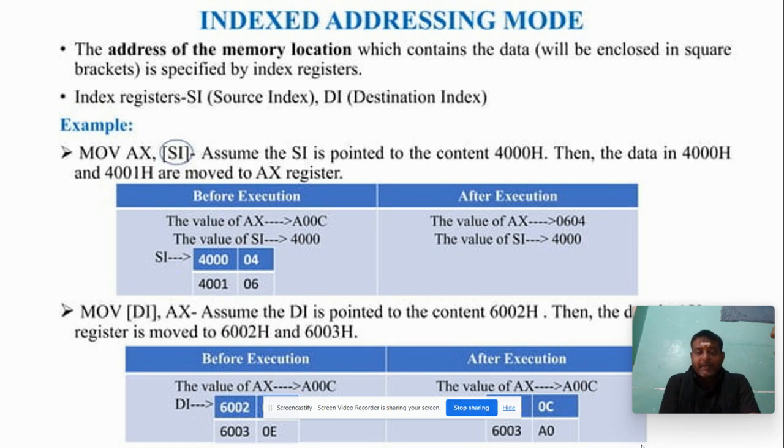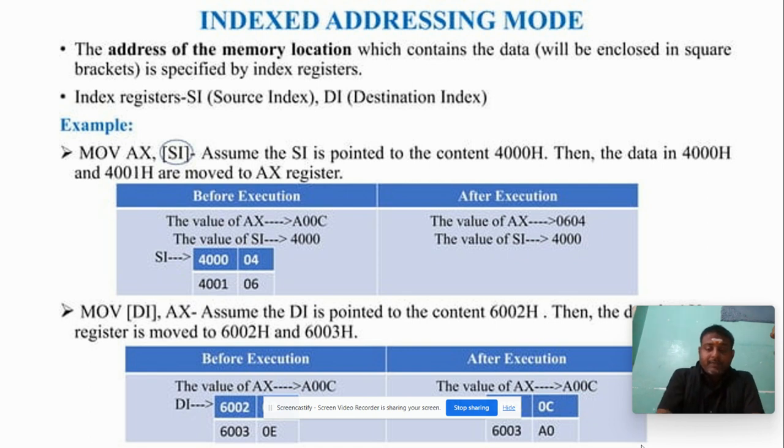When the source operand is specified by an index register, it is called indexed addressing. For example, MOV AX, [SI], where SI is the source index. Assume SI is pointing to the contents of 4000. The data at 4000 and 4001 are moved to the AX register.